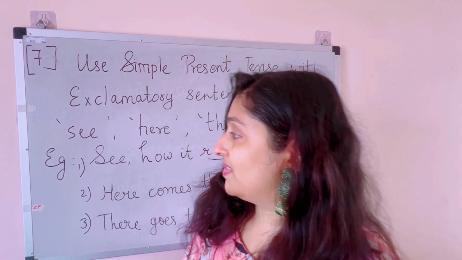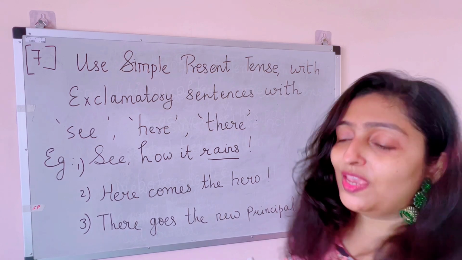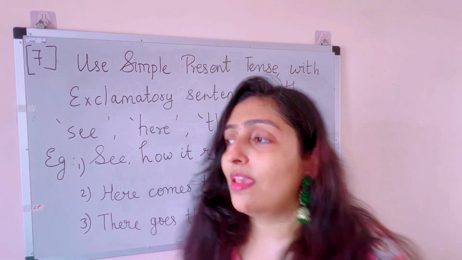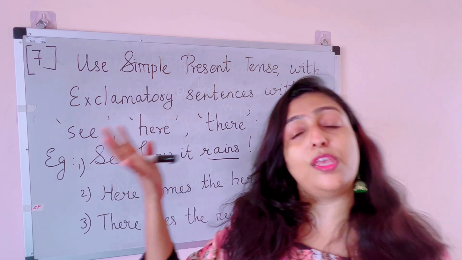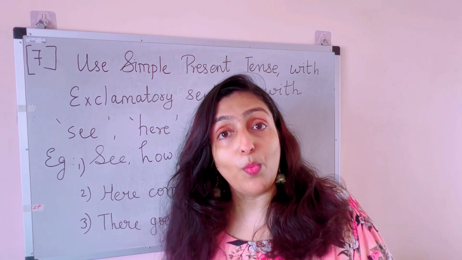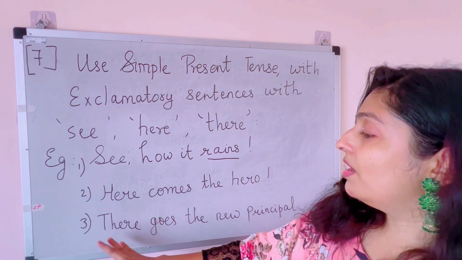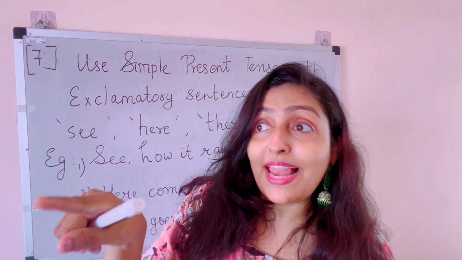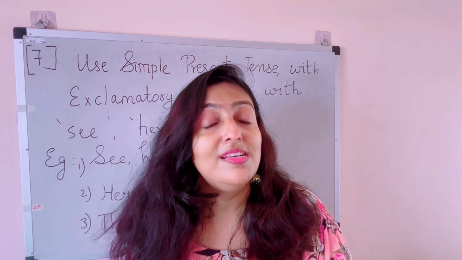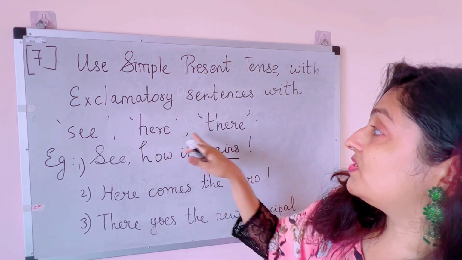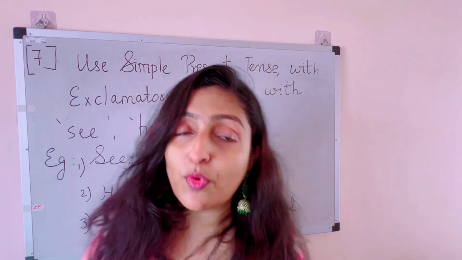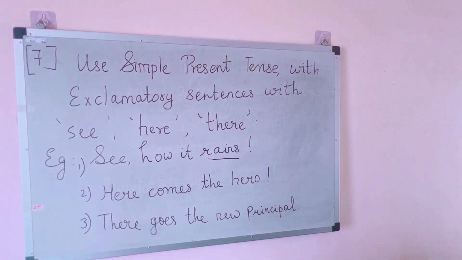Simple present tense. Second example: you're meeting your friend after a long time and you say, hey, here comes the hero, here comes the villain. Third example: there goes the new principal, have a look at him. So with these words or adverbs, we use simple present tense.